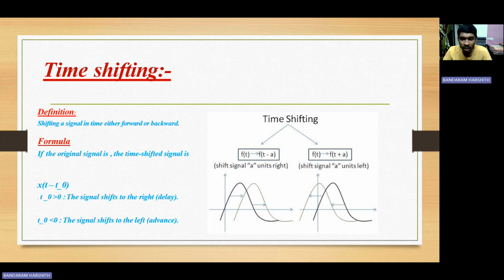From the point we discussed previously, f of t minus a means the signal is going to lag or delay. And next, f of t plus a means the signal is going a units, the constant a, to the left side. That means the signal is occurring in advance.